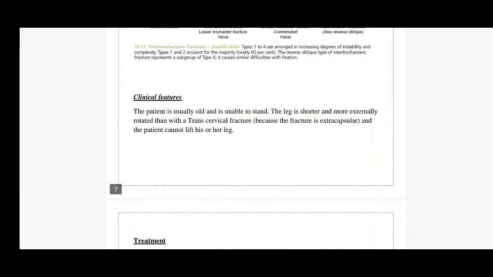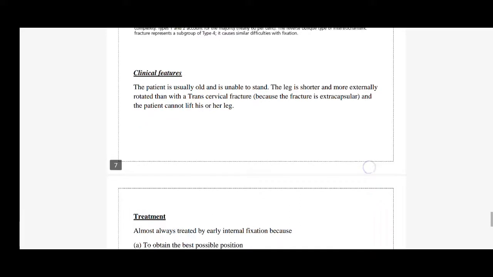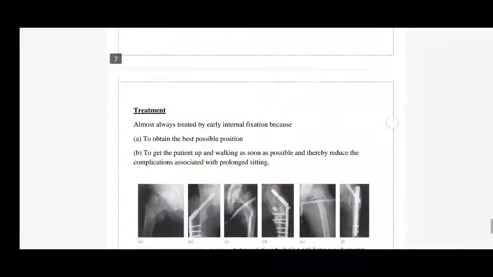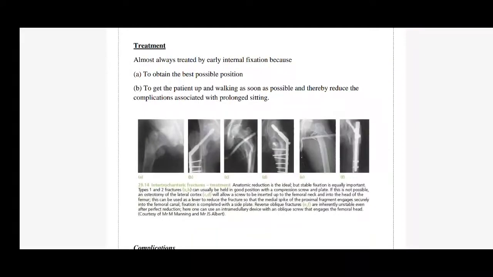Clinical features of intertrochanteric fracture: the patient is usually old, unable to stand, with severe pain, a shortened, externally rotated limb, and the patient can't lift his or her leg. Treatment in general is almost always surgery. No role for conservative treatment unless medically or surgically unfit patient.